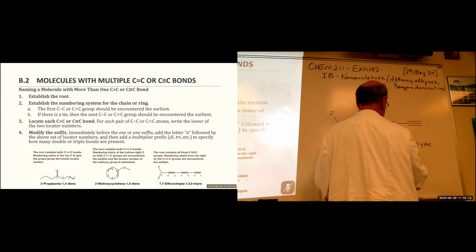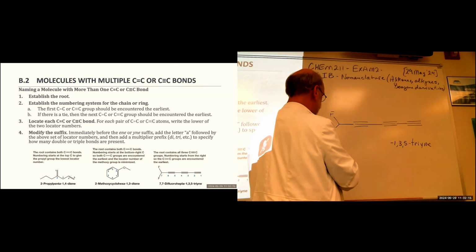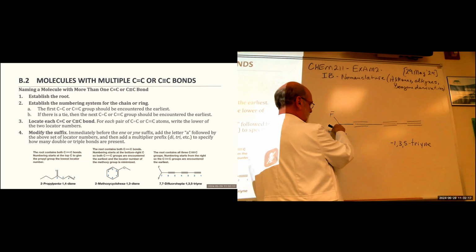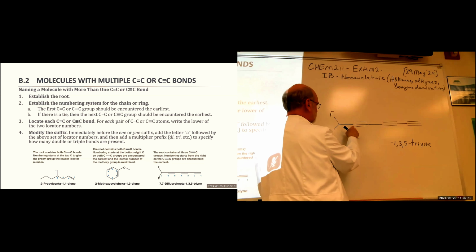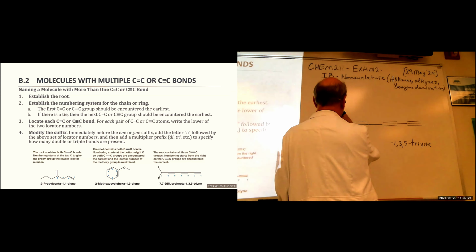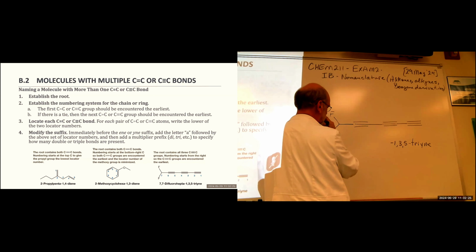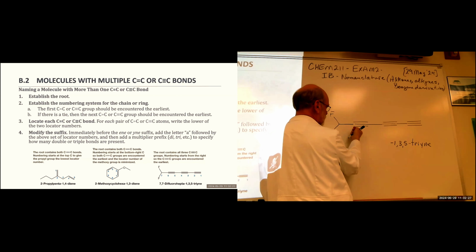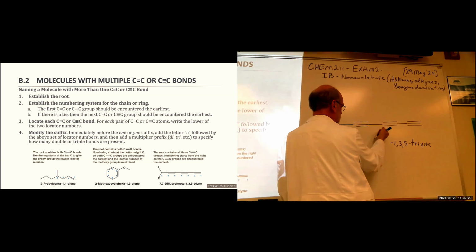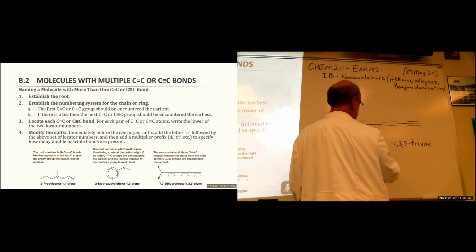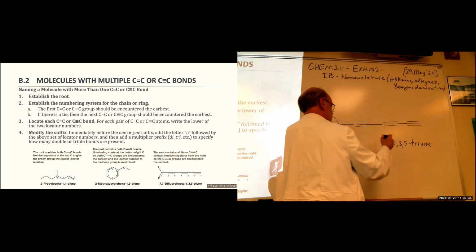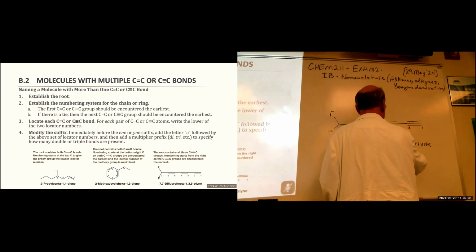Why won't we start at the end right there and then do that as a subgroup, like at 1? Oh, this one? Yeah. Oh, because this is a carbon. If we start at this end, then that gives this one a 2, 4, 6. Yeah, 2, 4, 6, right? Okay.